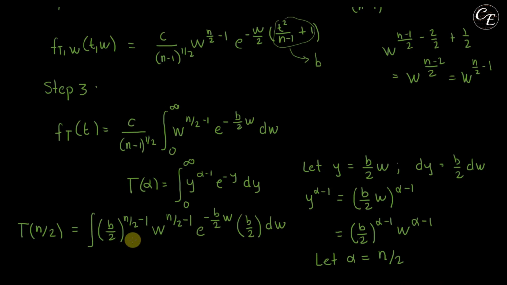And then for the limits of the integral, from here we can have w in terms of y. So we have here the reciprocal of b over 2, which is 2 over b, times y. Now in here, when y is 0, w is 0 as long as b is not equal to 0. So we have here 0.